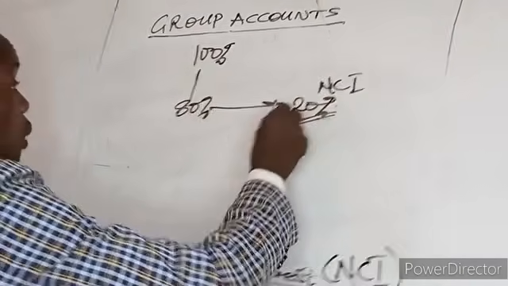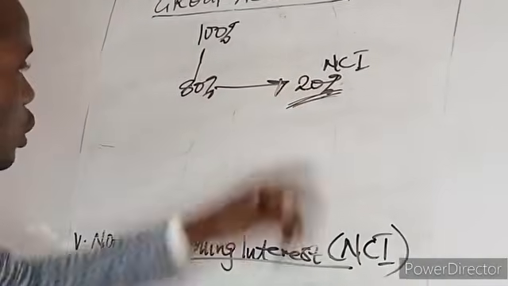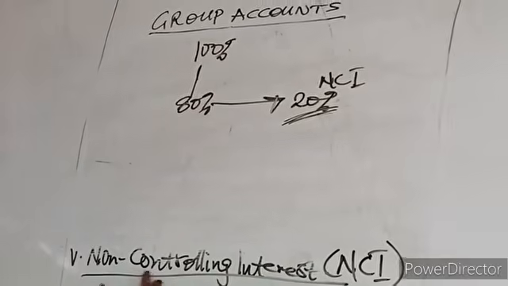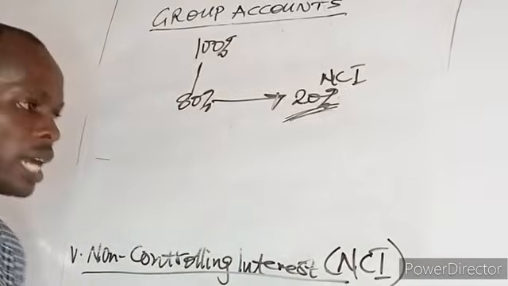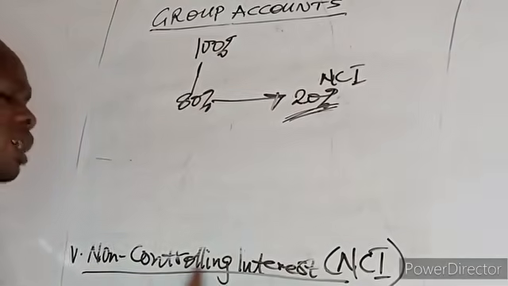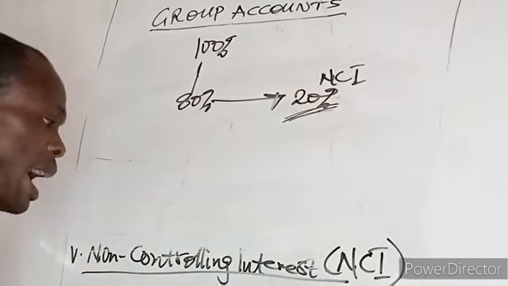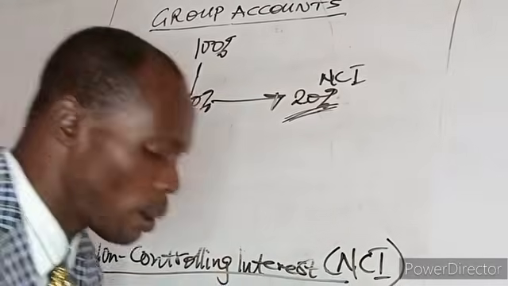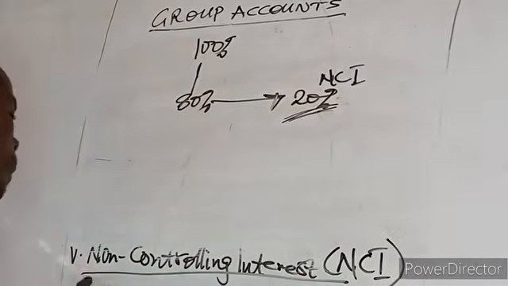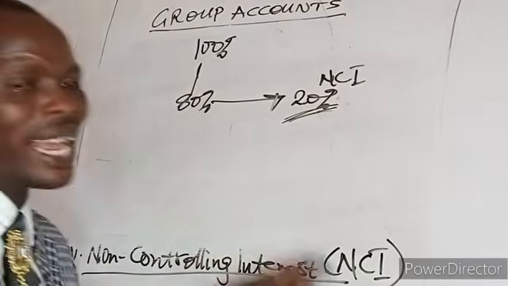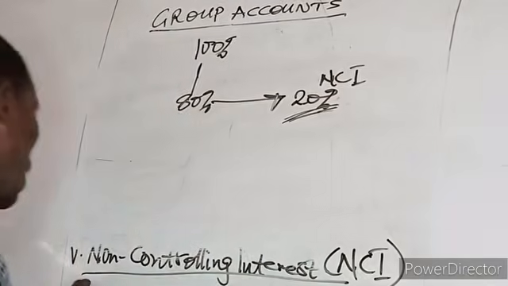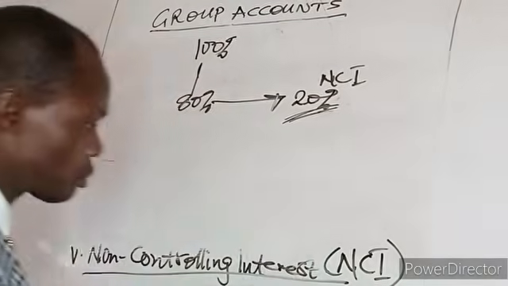Therefore, non-controlling interest is the part of the equity interest of the subsidiary which is not acquired by the parent company.